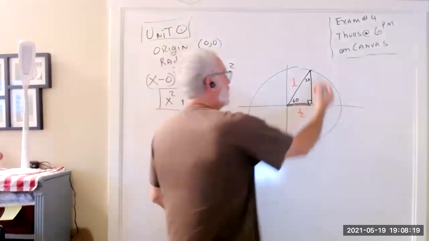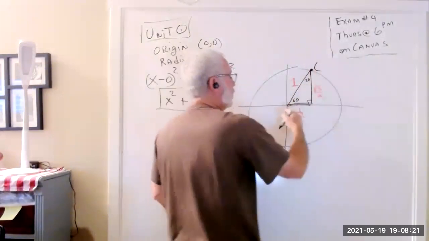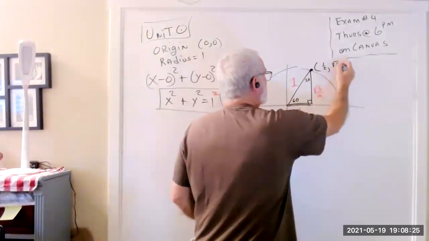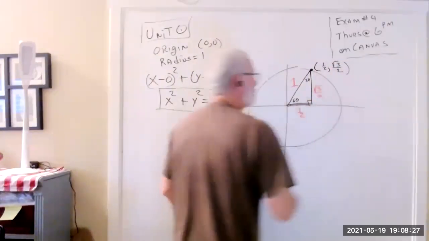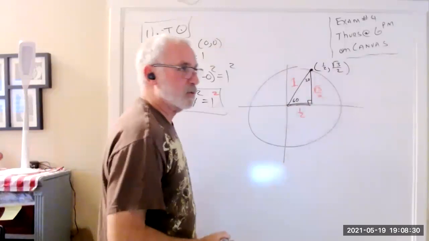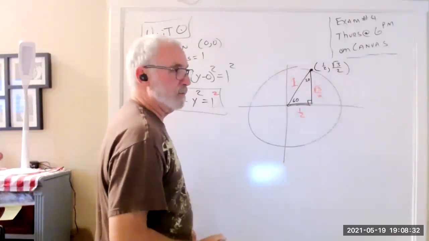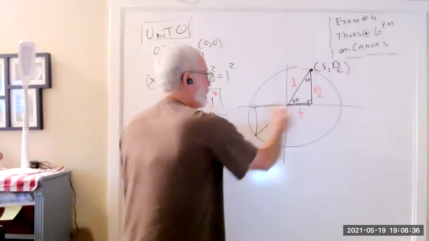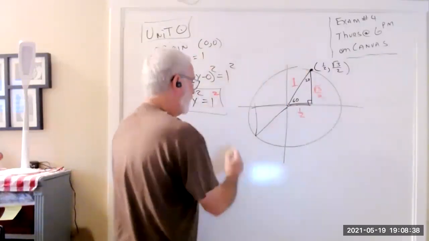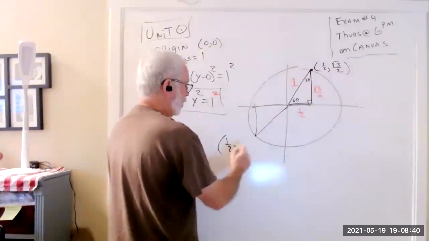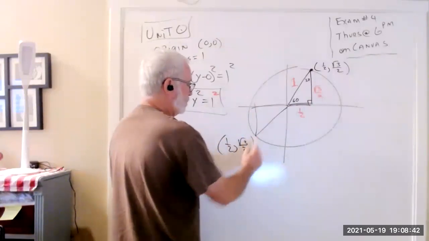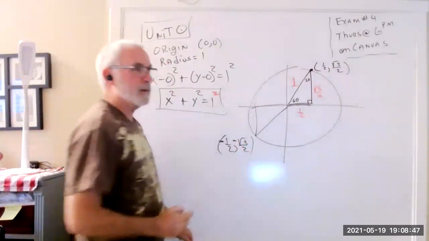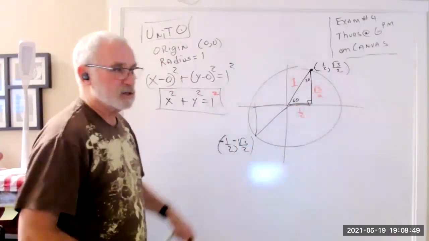So in trigonometry, they're going to say this ordered pair is 1/2, comma, square root of 3 over 2. Simply because they drew that triangle on there. And if they happen to draw it into the third quadrant, then it's going to be the same numbers, 1/2, comma, square root of 3 over 2, except you're going to fudge an extra minuses in there because it's in the third quadrant.